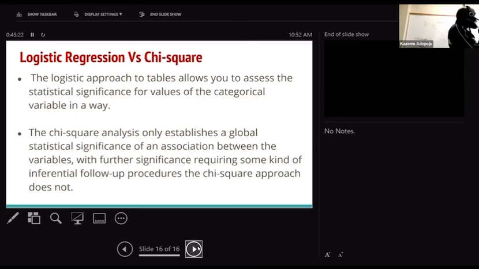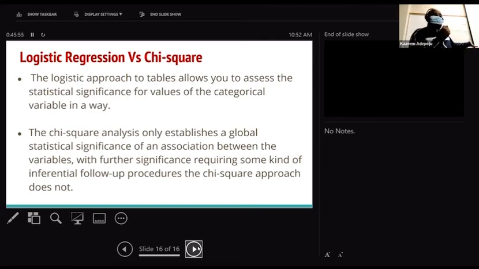I said the logistic approach to tables allows you to assess the statistical significance for the values of the categorical variable. Look at that. That is one of the advantages of using logistic regression to analyze a categorical variable, because it's going to enable us to assess the statistical significance of the categorical predictor.